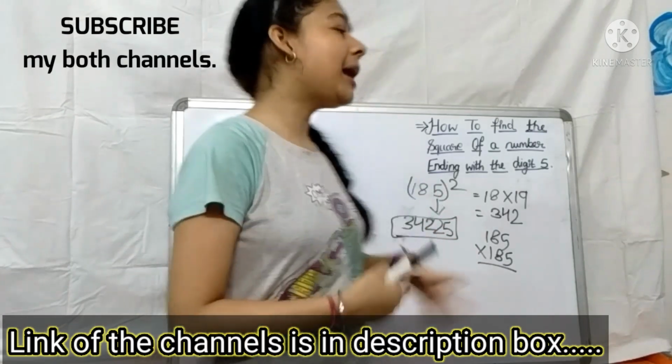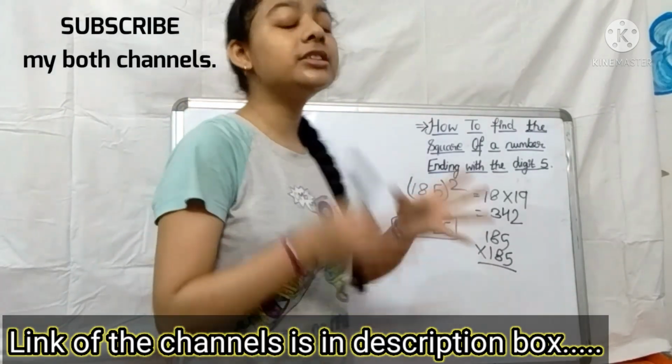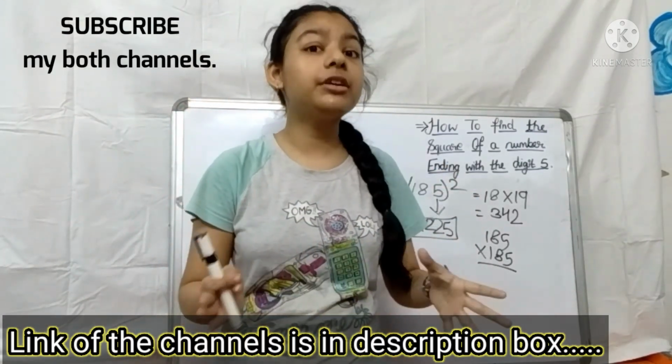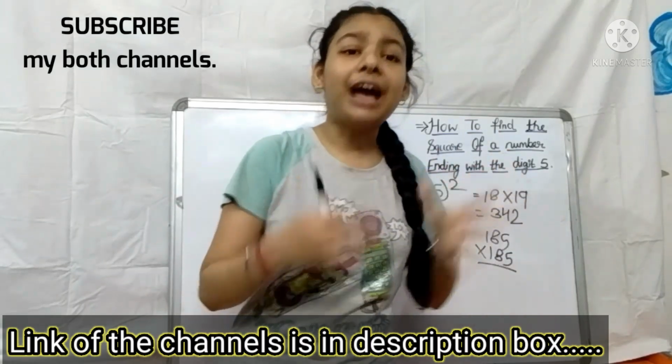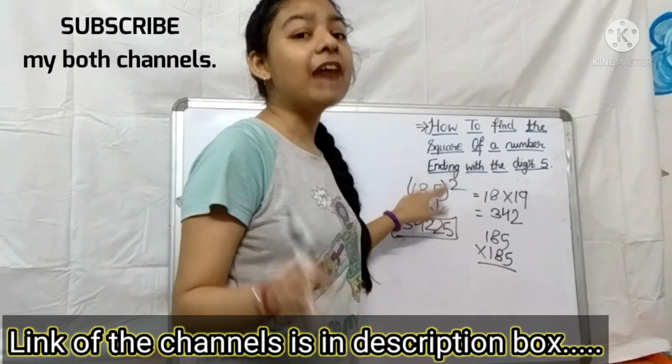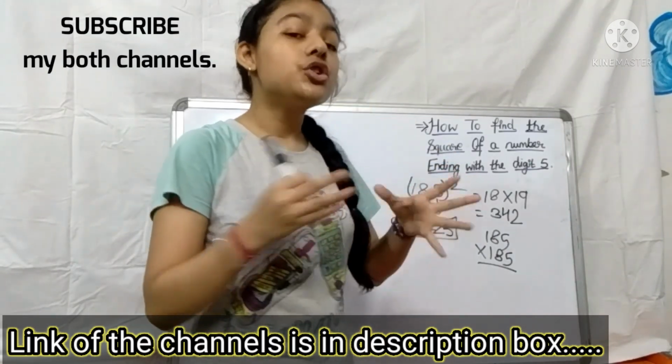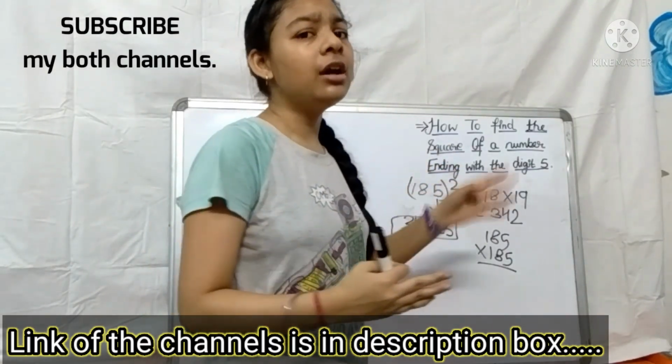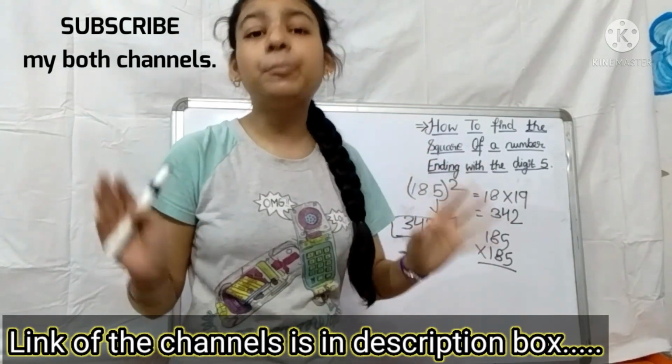I hope you liked this trick, and it is going to be very helpful wherever there are these types of calculations where the number's last digit is 5 and we have to take out its square. We can use this simple trick which has only 2 simple steps.